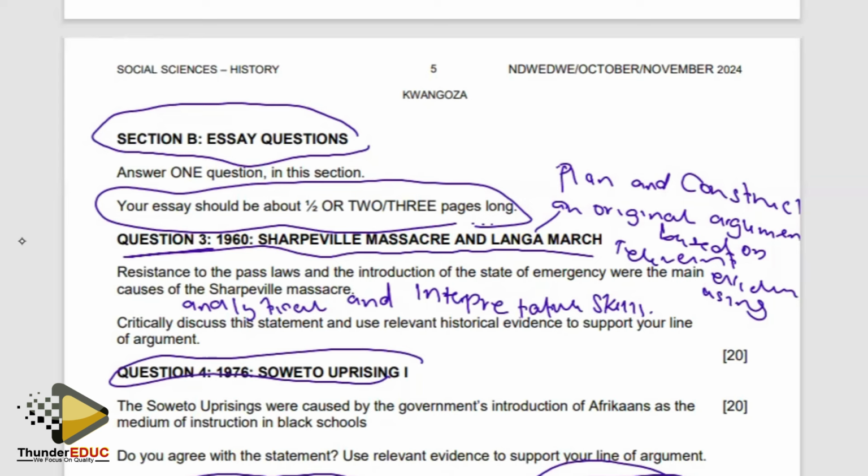Also indicate your point of argument. Then in your body, you need to elaborate. You need to talk about the formation of the PAC in 1959.